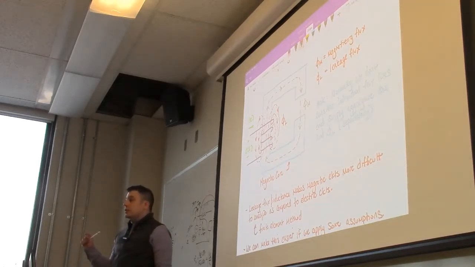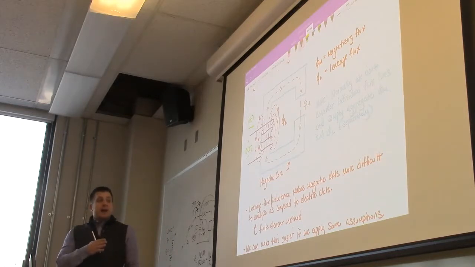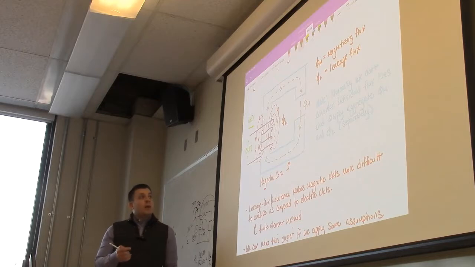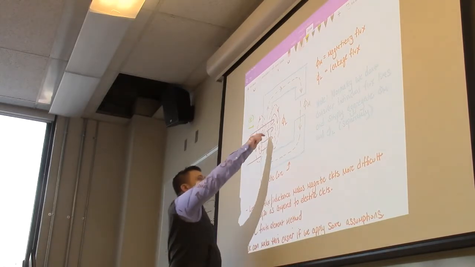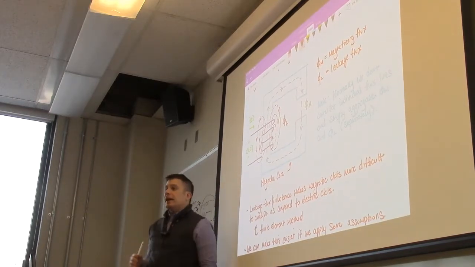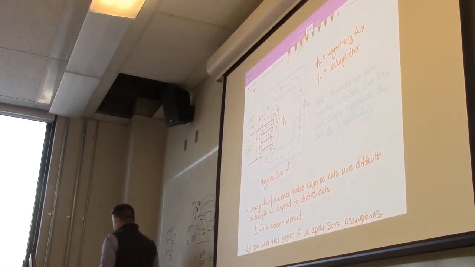There will be a leakage inductance component that just corresponds to each one. So again, going back to the idea of aggregating these, now we're going to say there's just one leakage flux, and it's going to be this outermost loop here, the one that connects all of the coils together.